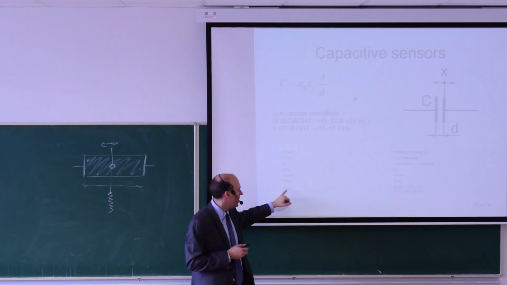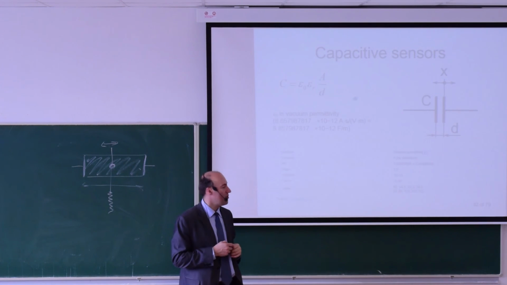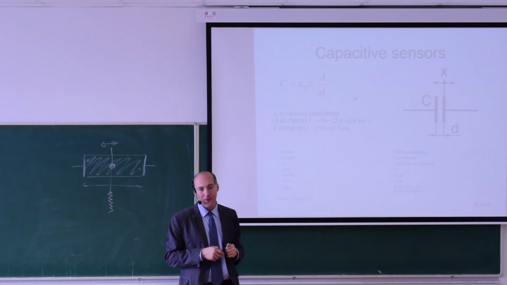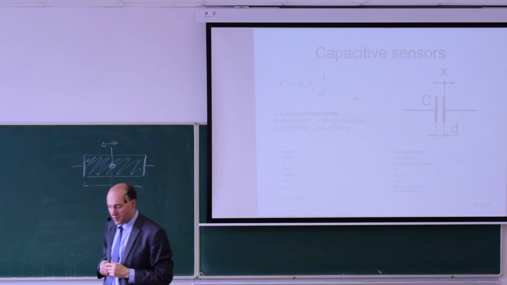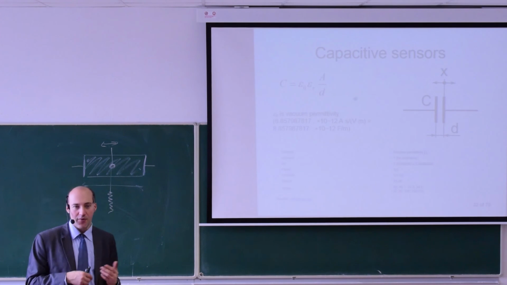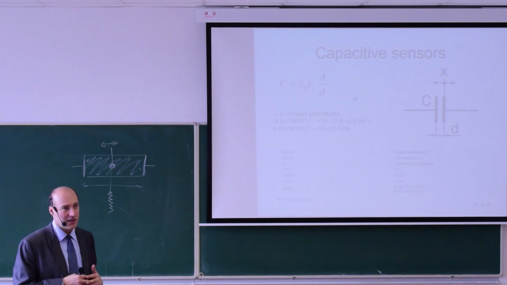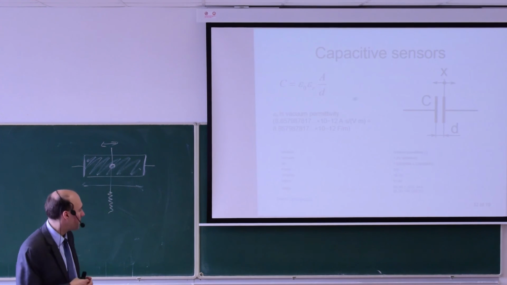As you see here, water at 0 centigrade has 88 relative permittivity, at 100 has 55. So there is also a quite strong dependence on temperature, which you may need to compensate if you build, let's say, a liquid level sensor based on this principle.